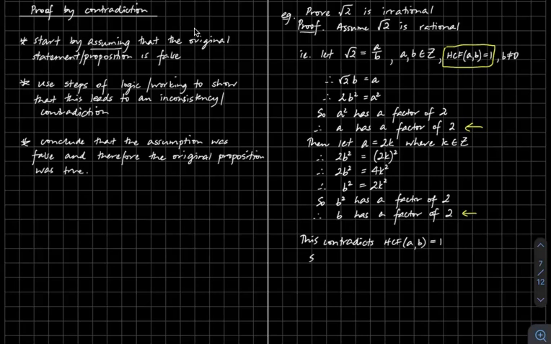That leads us to the conclusion that the assumption that it could be written as a rational number is false, and therefore we're left with the conclusion that root 2 is in fact not rational, it is irrational. There's our proof complete. We could whack a QED on the end there.